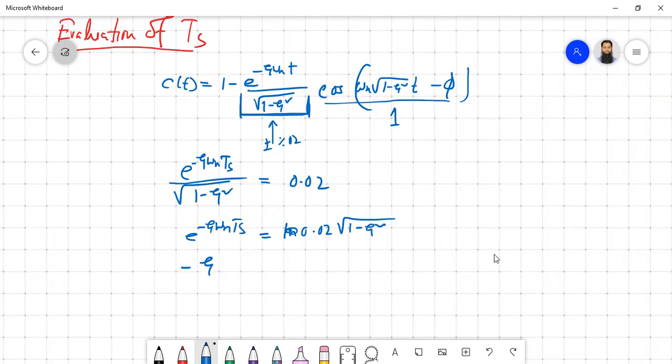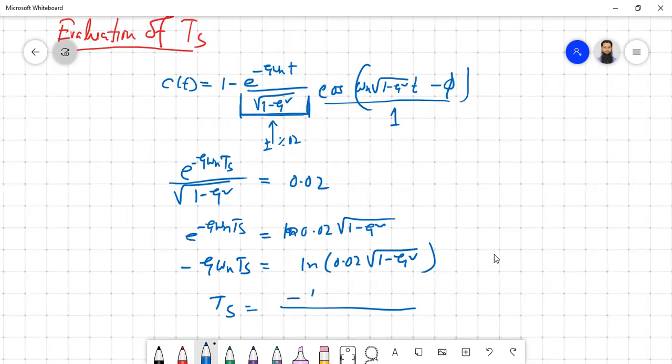Taking ln, minus zeta omega n ts will be ln of 0.02 over 1 minus zeta square. So ts can be calculated as minus ln of 0.02 over 1 minus zeta square, divided by zeta omega n.